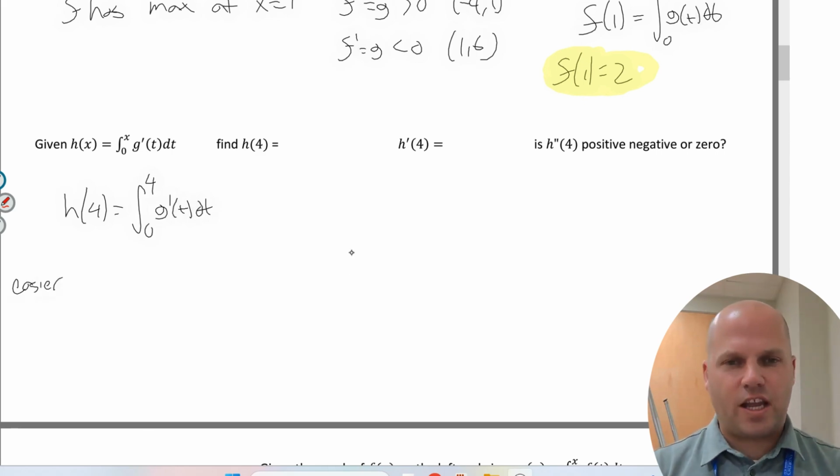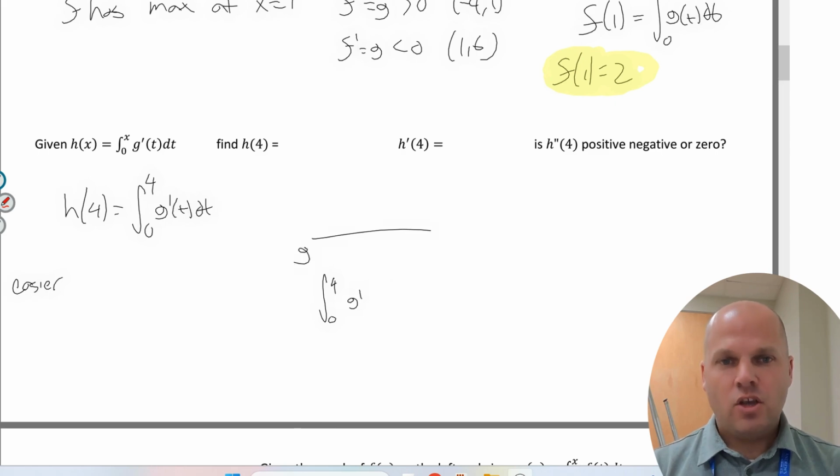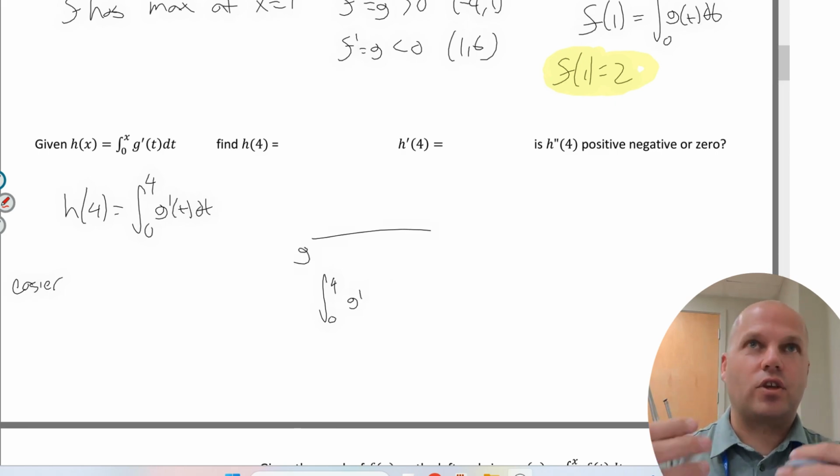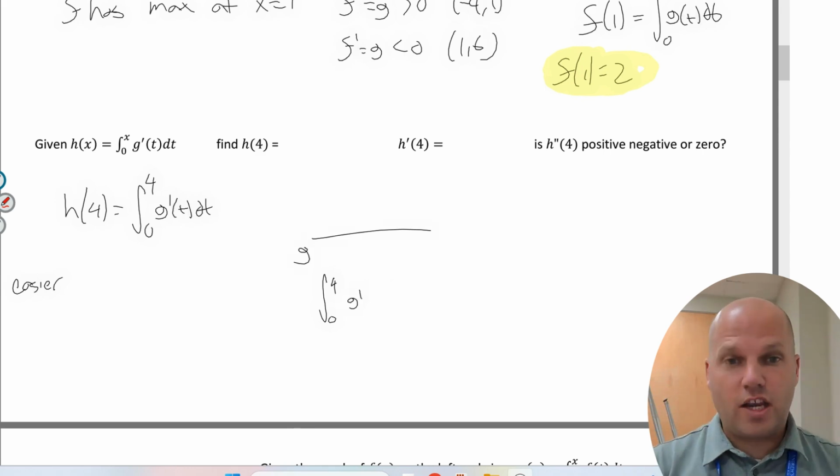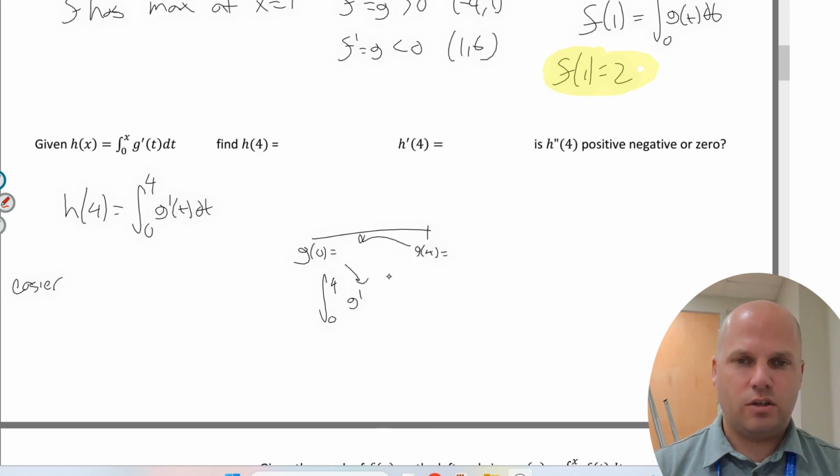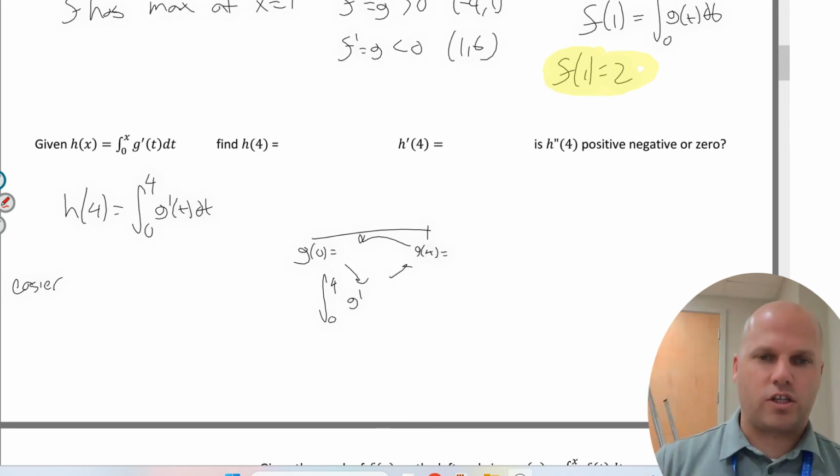Again, we just understand that when we accumulate a derivative, it will tell us how much the antiderivative, or the original function, changes. If I know what g of 0 is, and I know what g of 4 is, I can subtract these two numbers and I will get this accumulation. These three things work together.